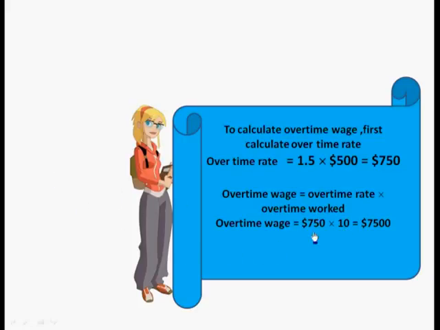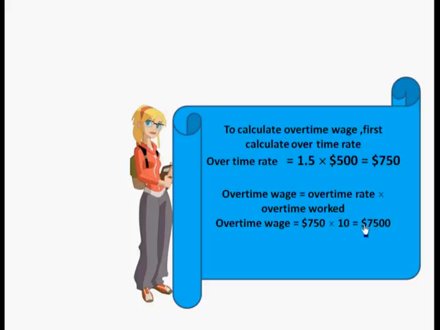Simple, don't it? Just simply take 40 from 50 and you find the 10. So the overtime wage is the overtime rate, which is $750, times the overtime worked, which is 10 hours, is equal to $7,500. So that is our overtime wage.